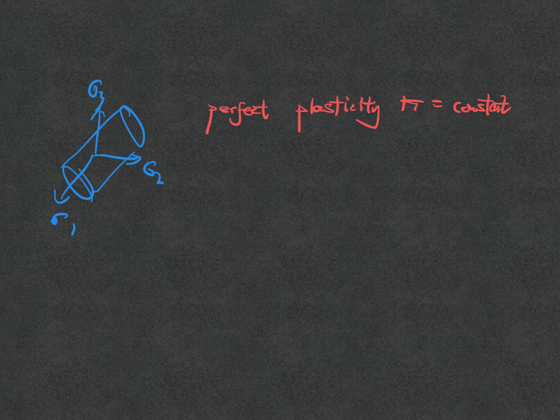Now here, we have one more condition that we haven't talked about, and that is a necessary ingredient to complete the computer algorithm. That is called the consistency condition. Okay, what is the consistency condition?